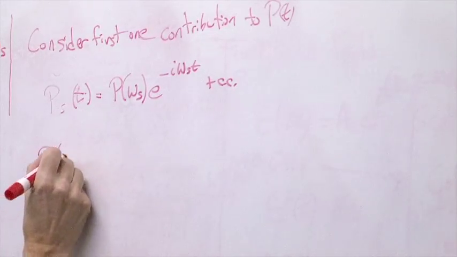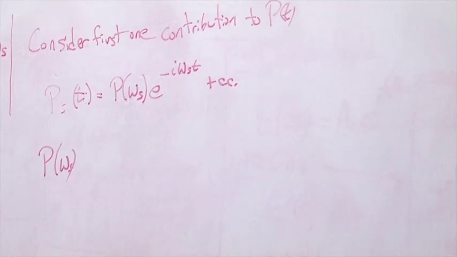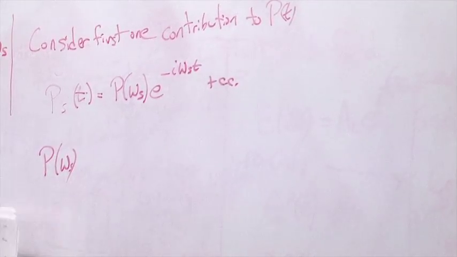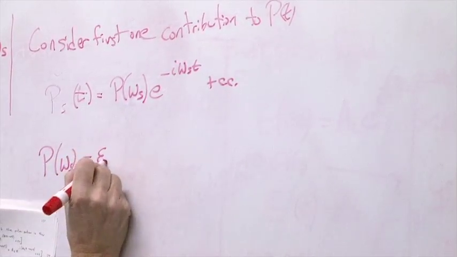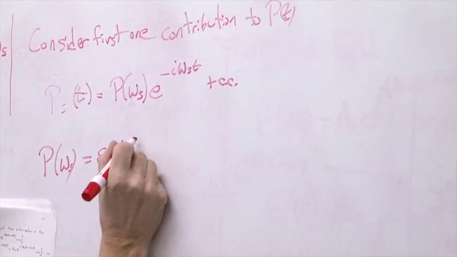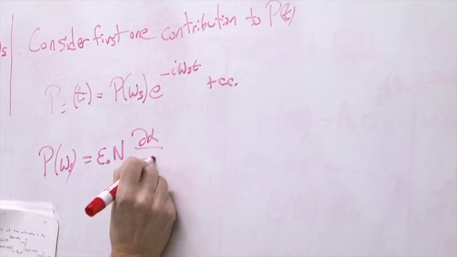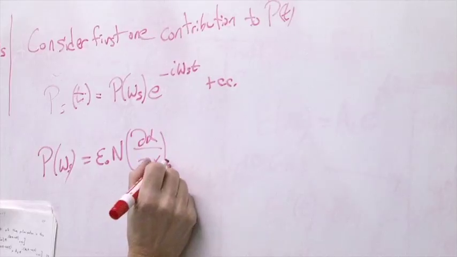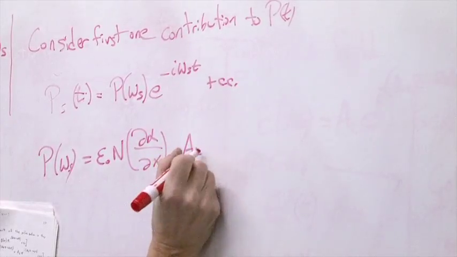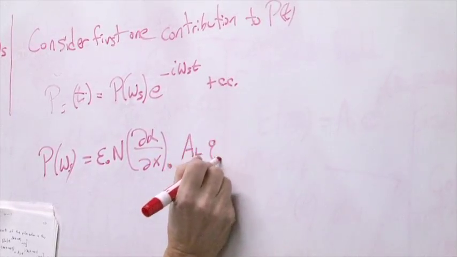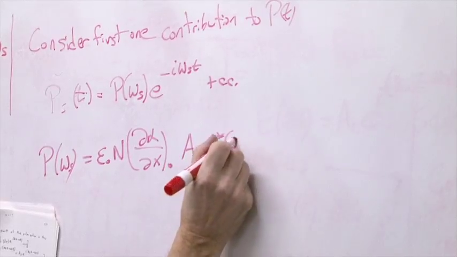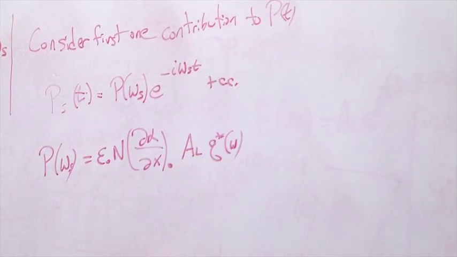And then P at omega Stokes for the term I want to look at is epsilon 0 n partial alpha with respect to x 0, a laser, q star of omega.